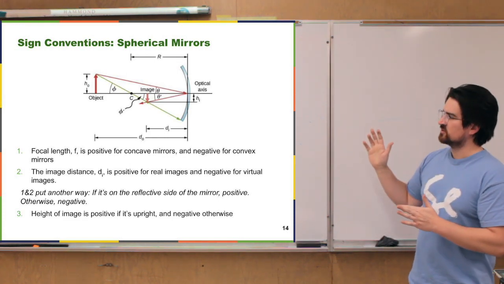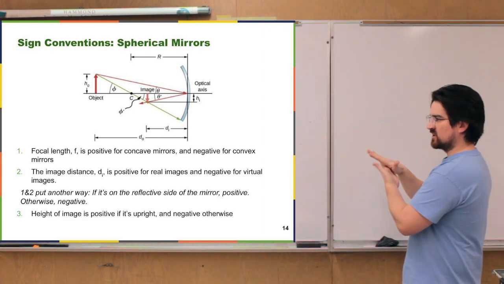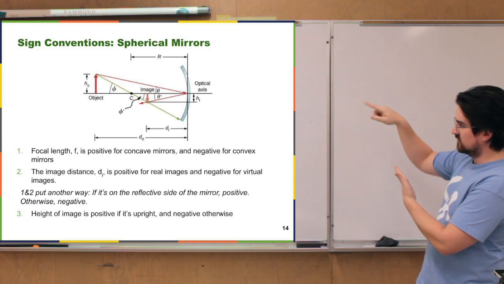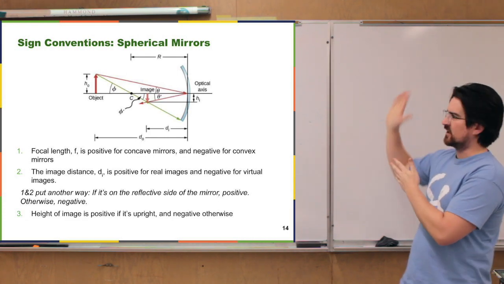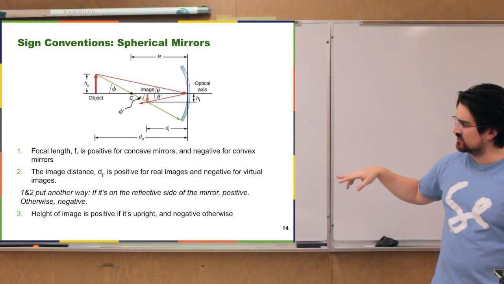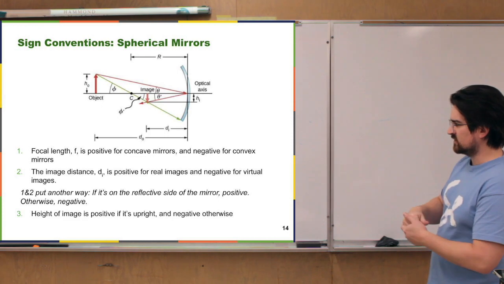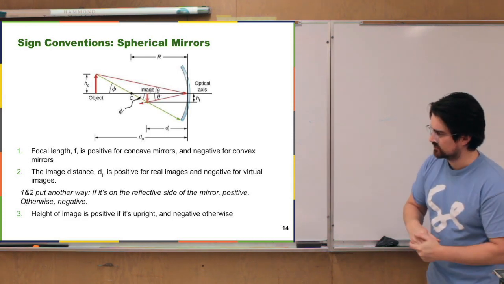For spherical mirrors, the first sign convention is about focal lengths. Focal lengths we're just going to say are positive for concave mirrors, this kind of mirror, and negative for convex mirrors. The image distance is positive for real images and negative for virtual images.